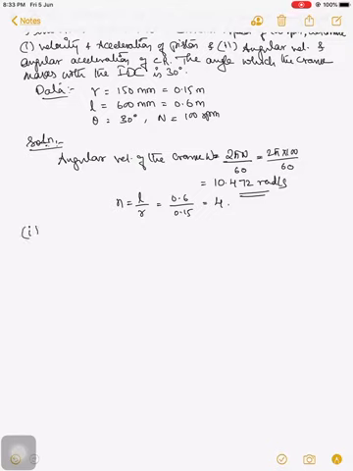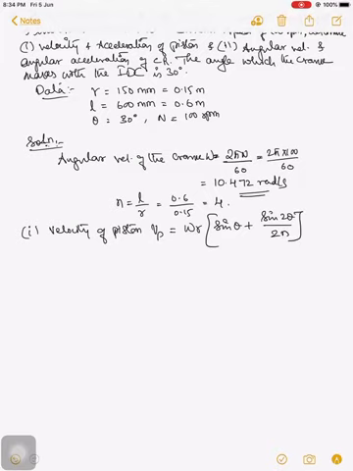Now we know that from the derivation we have obtained the formula for the velocity of piston, that is Vp equals omega into R into sin theta plus sin 2 theta by 2n. So this is the equation which we have derived in the last video. So substitute the values here.